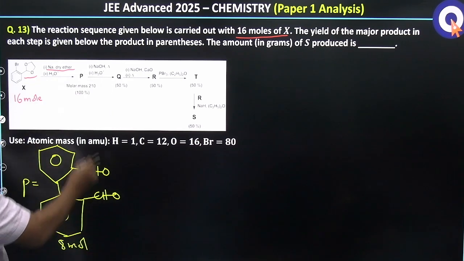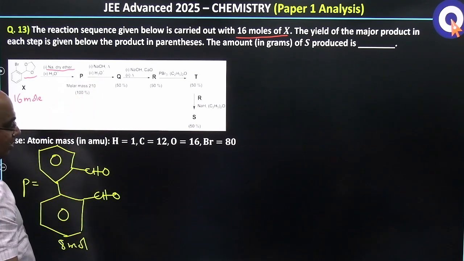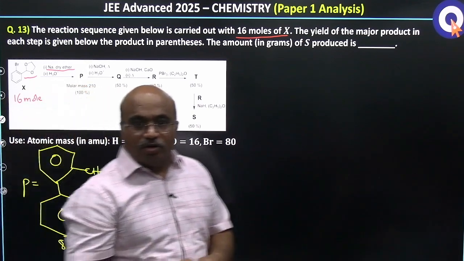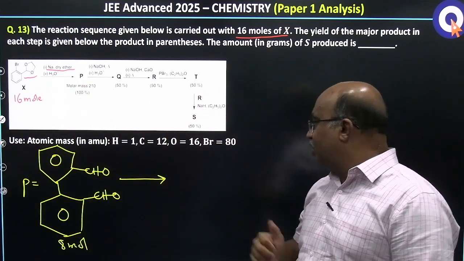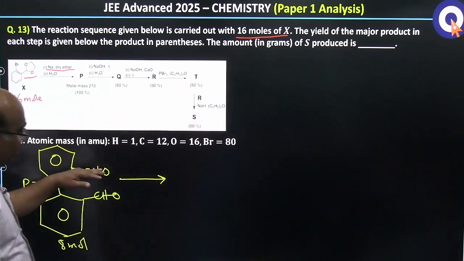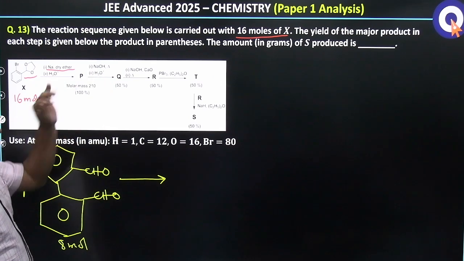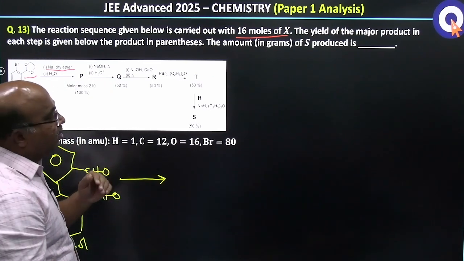Now the reaction with sodium alkali on heating, then hydrolyzed. We had aldehyde groups without alpha hydrogen, so the reaction is Cannizzaro reaction. So it is an intramolecular Cannizzaro. One aldehyde group will convert into acid, the other will convert into alcohol. Then it is acidified, because the acid was existing as the salt of that acid.